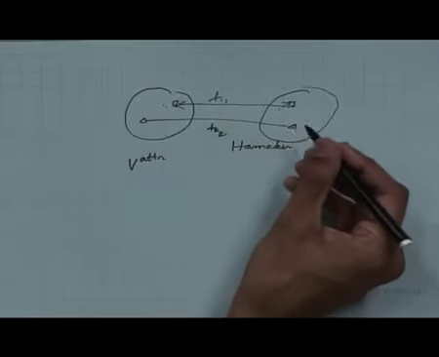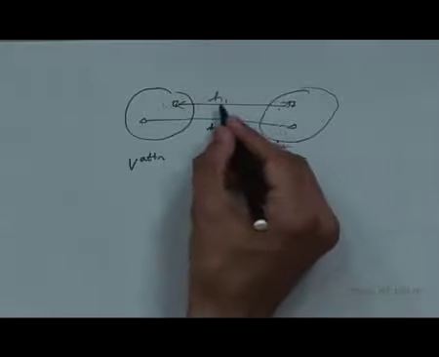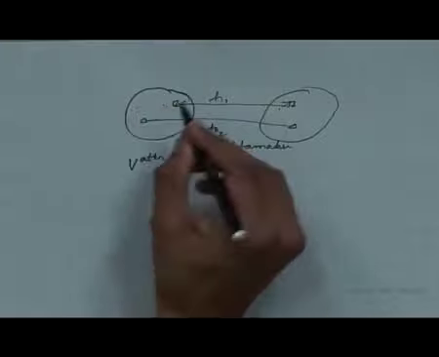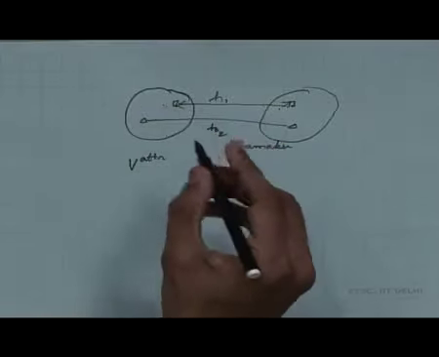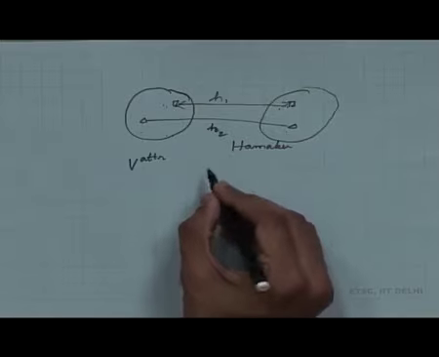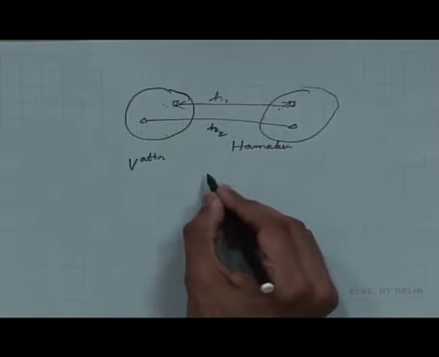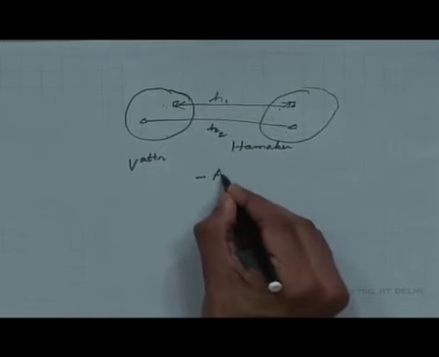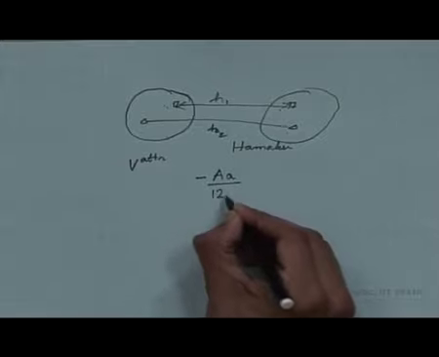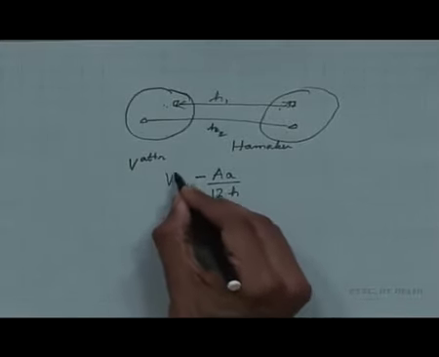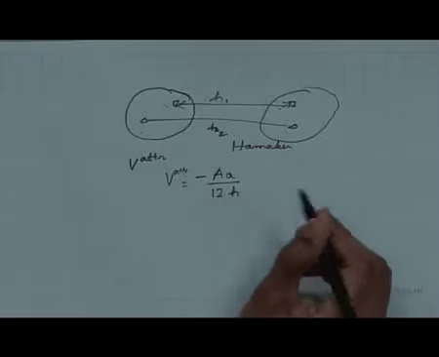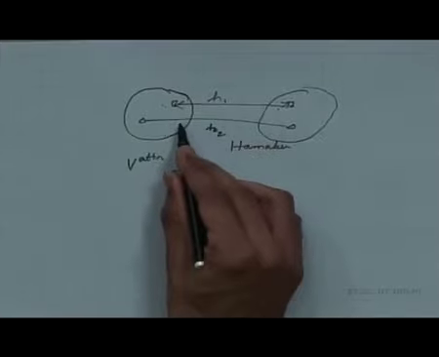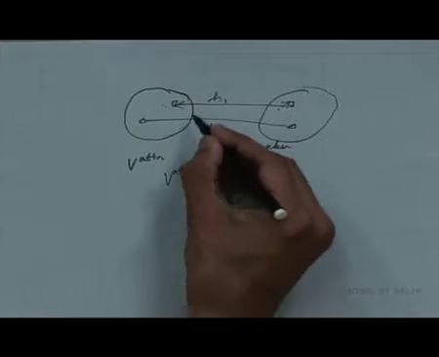And in the limit where this separation is large relative to the size of the colloidal particle, Hamaker showed that the attractive potential that you have got is of the form minus A times a over 12 times H. That is the attractive potential that you have got between these two charged particles, where H is the separation between the two colloidal particles, a is the size.